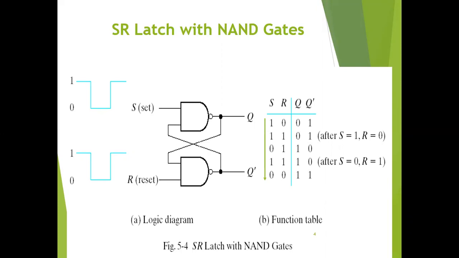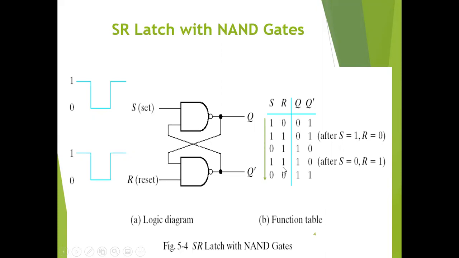And the application of 0 to the set input, or the S input, causes the output Q to go to 1, putting the latch in the set state. And when the S input goes back to 1, the circuit remains in the set state after both inputs go back to 1, as we can see in this table.